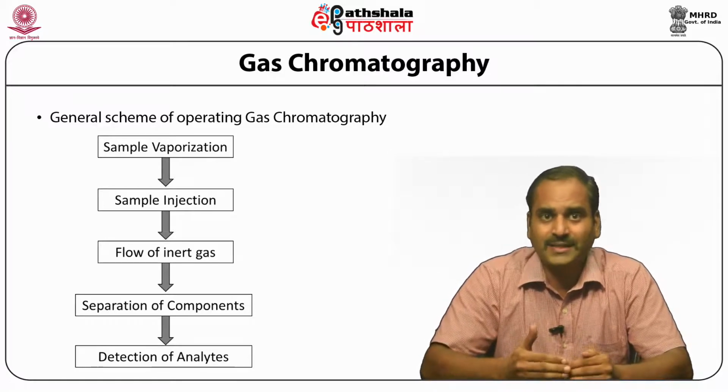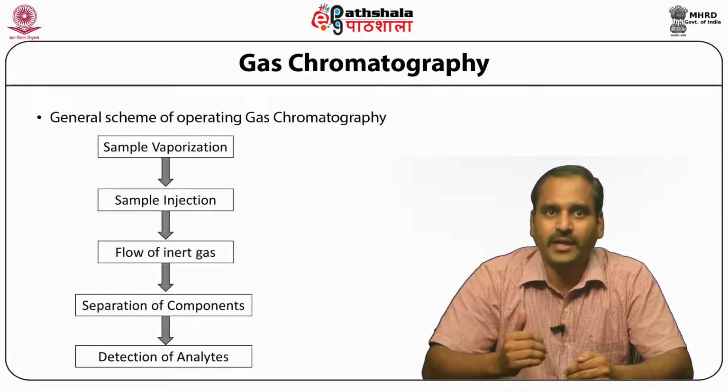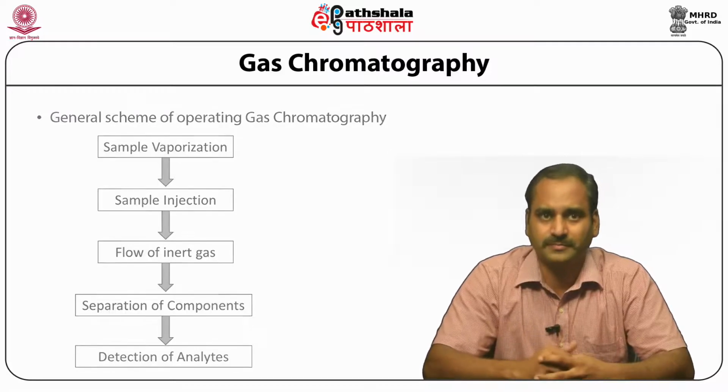As the sample gas stream comes out of the column, the detector monitors the separated components of the gaseous sample, and signals are interpreted after data acquisition. Depending on the application, analytical or preparative, the sample size can be as small as picograms to tens of grams.